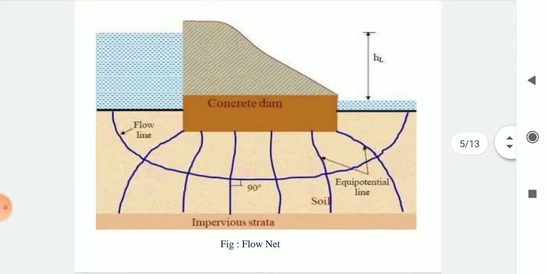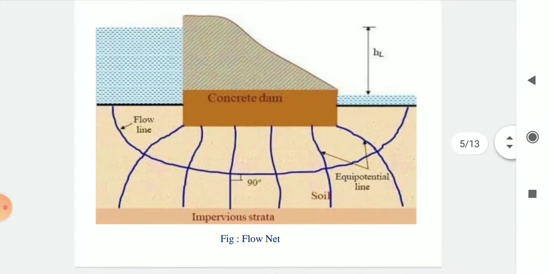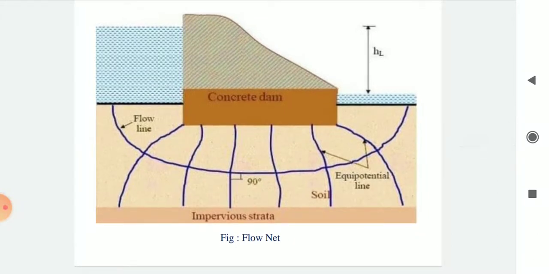You can see the diagram of a flow net. In this, a concrete dam is shown, the water, and the height of the dam. The flow lines, equipotential lines, the soil, and the impervious strata have been shown. The flow lines are perpendicular to the equipotential lines.